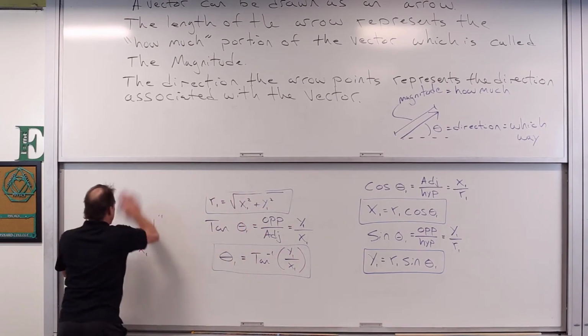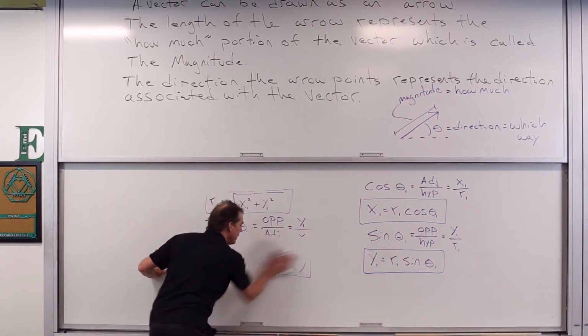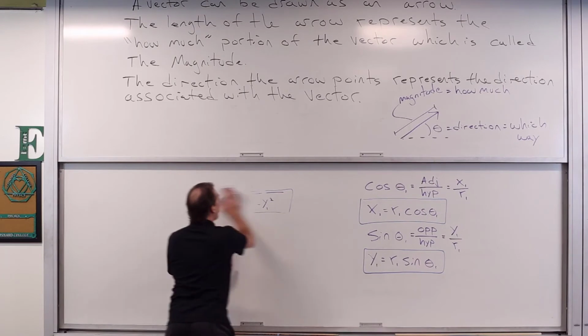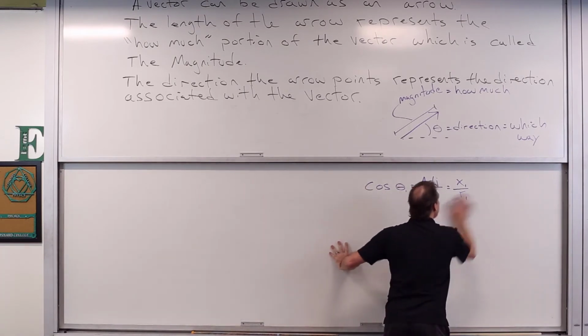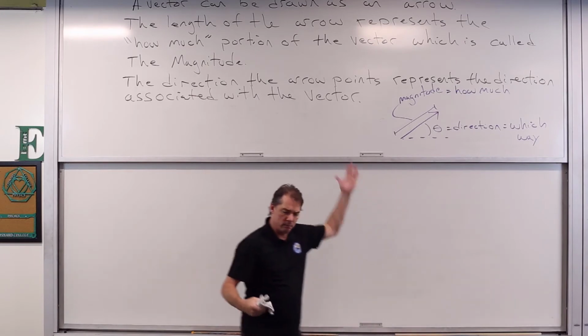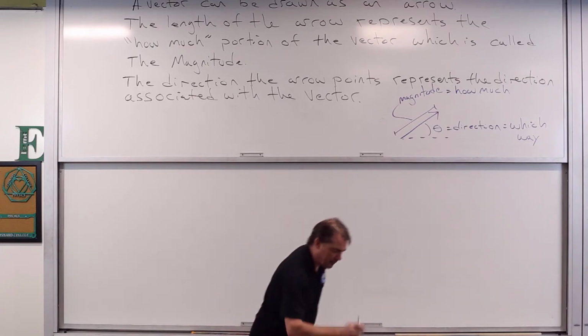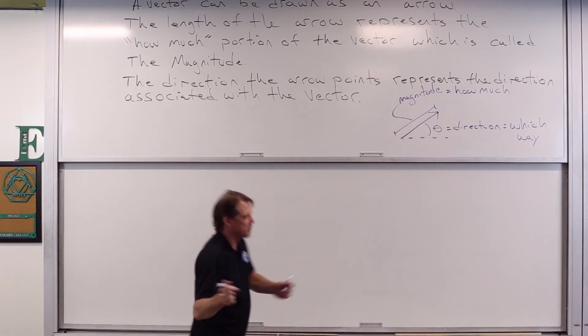All right, so going on with this, what we need to do now is sort of look at different ways of mathematically representing vectors. And we'll make a connection between the pictorial view and the mathematical symbolic representations.